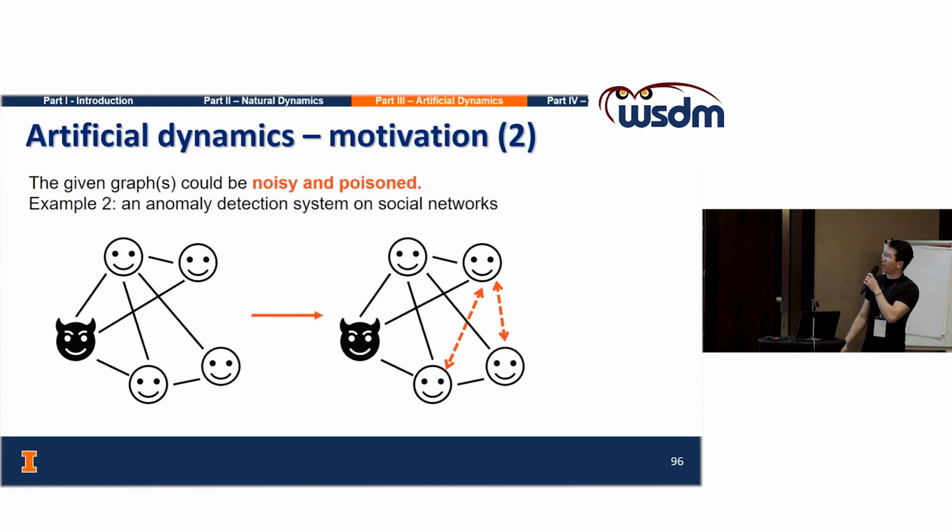At the same time, we can also verify whether those users are really friends in real life. If they are randomly followed by those fake accounts, then we can delete those links on our social network, such that this fake account will be isolated and clear. It will be detected by our anomaly detection systems on these social networks.